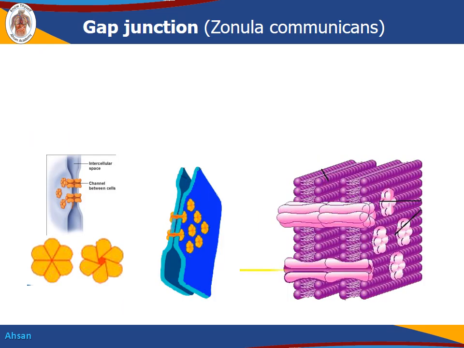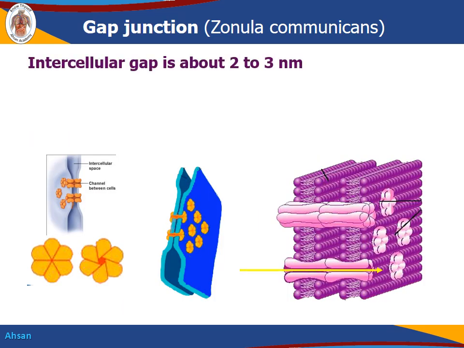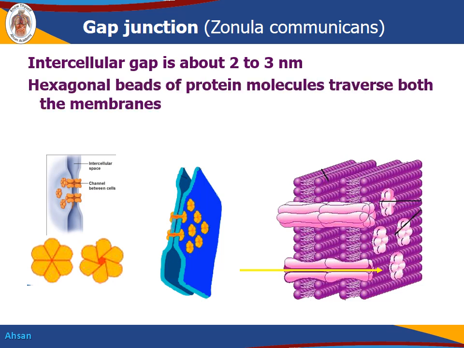Gap junction is the second type of junction. Let me discuss. It is also called zonula communicans, as it ensures the communication between adjacent cells. The intercellular gap is reduced in this region. Hexagonal bead-like protein molecules traverse between the membranes.